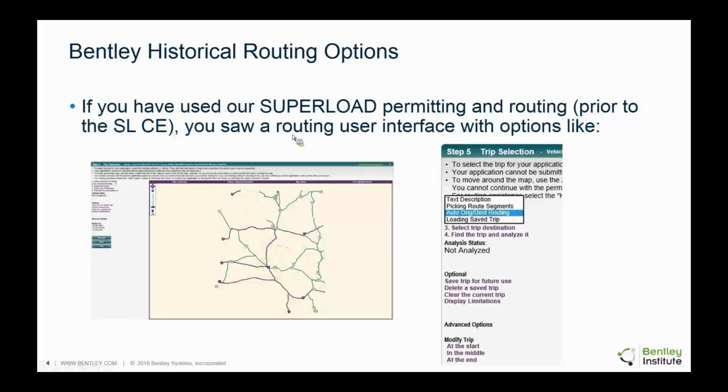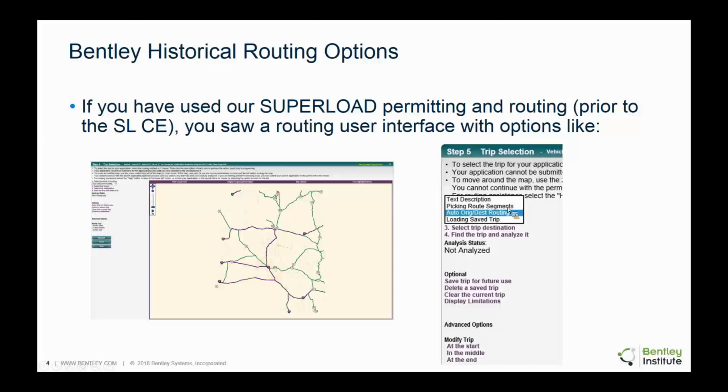For SUPERLOAD, there are similar methods. The text description method is similar to ARPS. Junction to junction mode basically is what ARPS does. And the auto origin destination is very similar to ARPS generate a trip: you give it the origin and destination, and it finds the best trip given the truck you have.